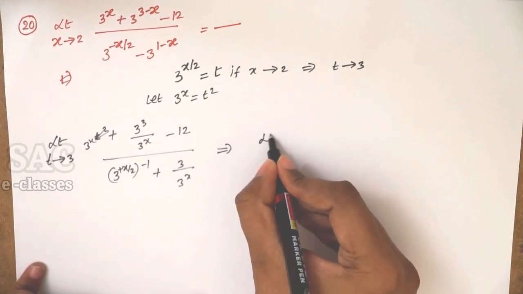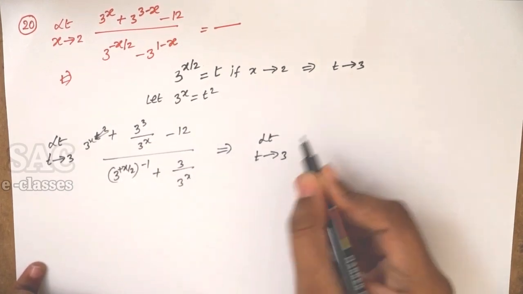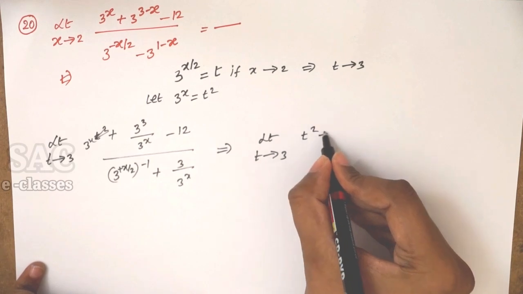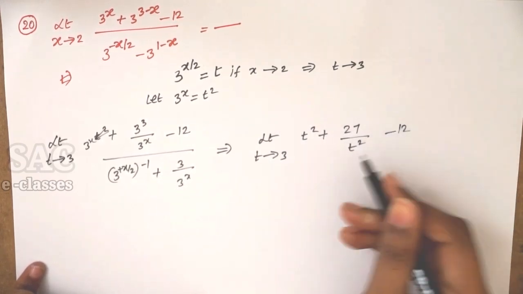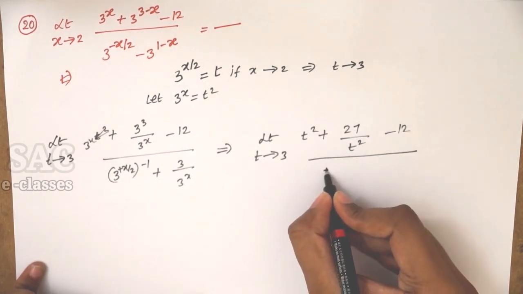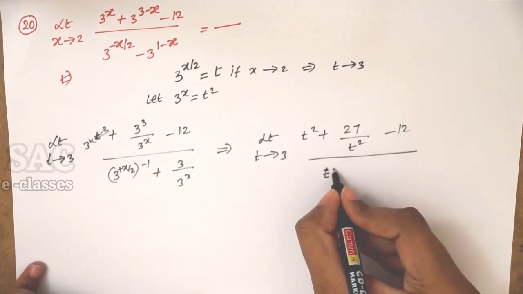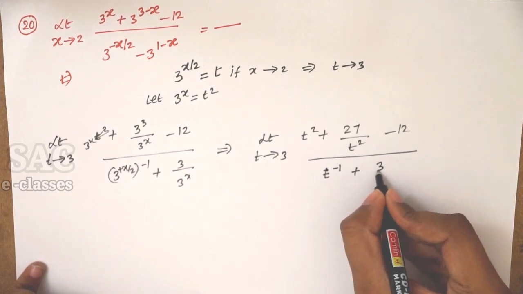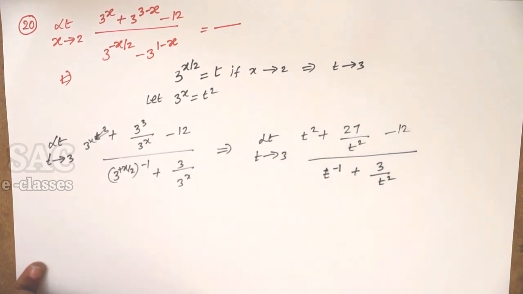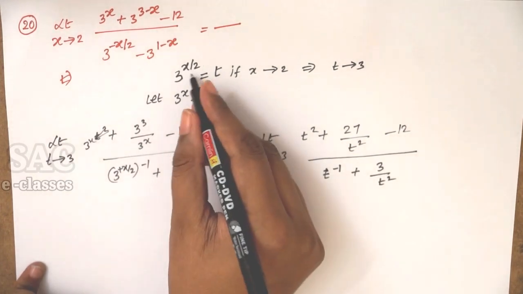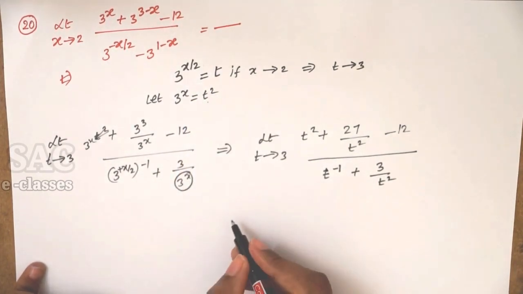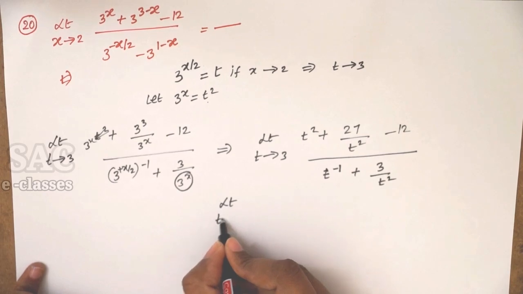Now limit t tends to 3, t square plus 27 by t square minus 12 by t power minus 1 plus 3 by t square. Simply I am taking 3 power x as t square, and 3 power x by 2 is t. Let us simplify it.